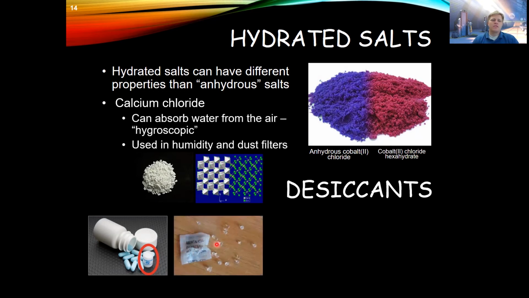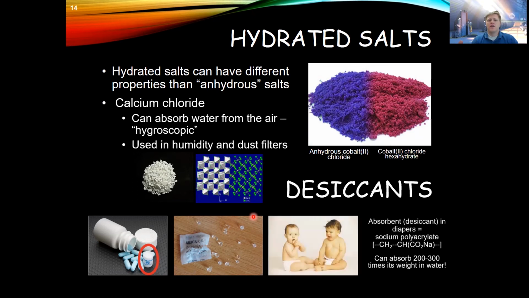If you crack these open, these desiccant packages, you'll just find little crystals corresponding to different salts, whatever salt is in there. Another huge place that desiccants are found are actually in things like diapers. So diapers, you don't feel a salt in there, and that's because this is a salt made of a really long carbon chain.